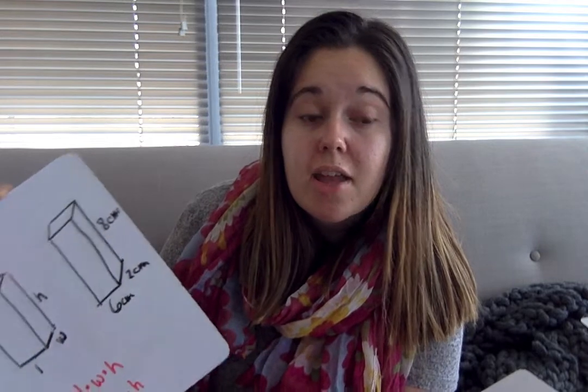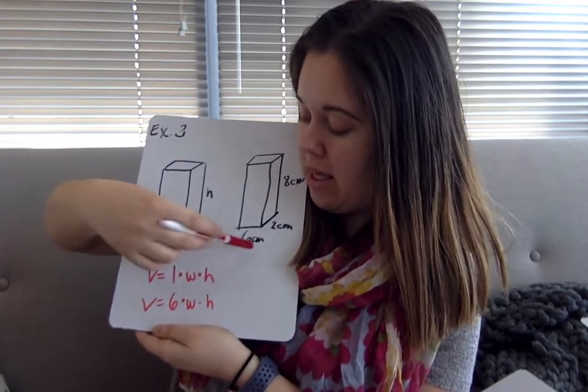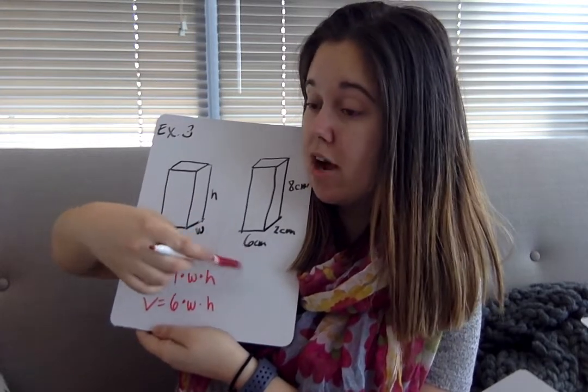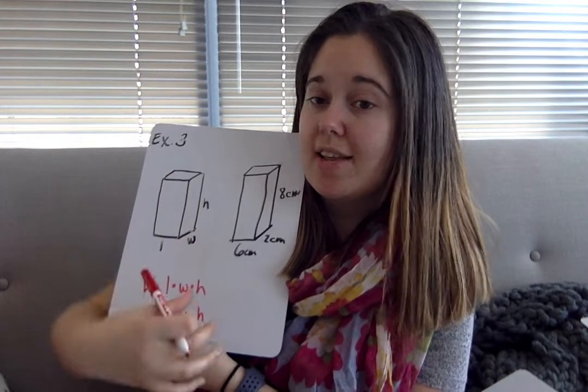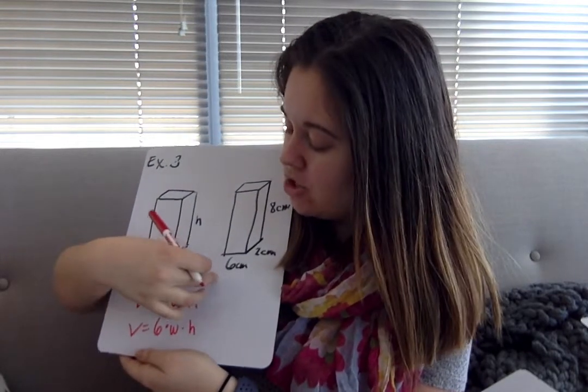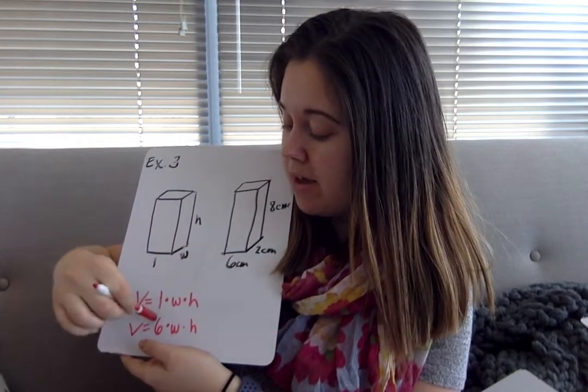Nothing. No other letter can represent that because L is this one here, 6 centimeters. Because we're only talking about this. Now, obviously, if our second diagram had different numbers, it'd be different. But in this situation, with just these 2 diagrams, only 6 can be here.